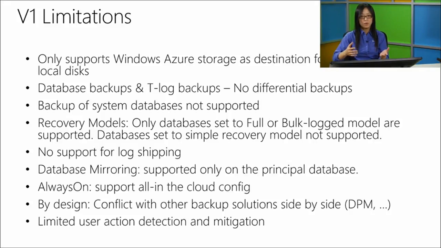For recovery mode, right now it only supports either full or bulk-logged mode, and we don't support simple recovery mode. And something you would expect is that it would inherently be in conflict with other backups in parallel.